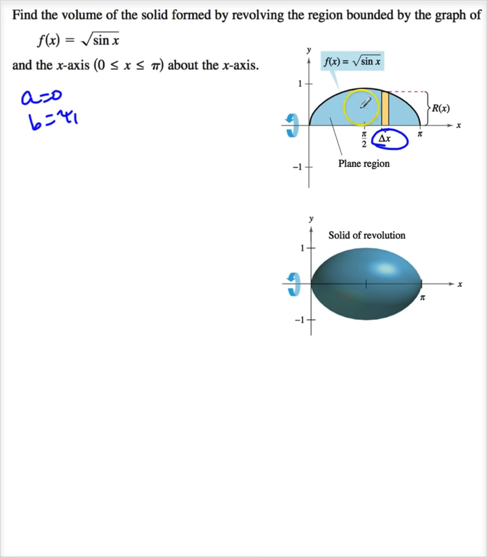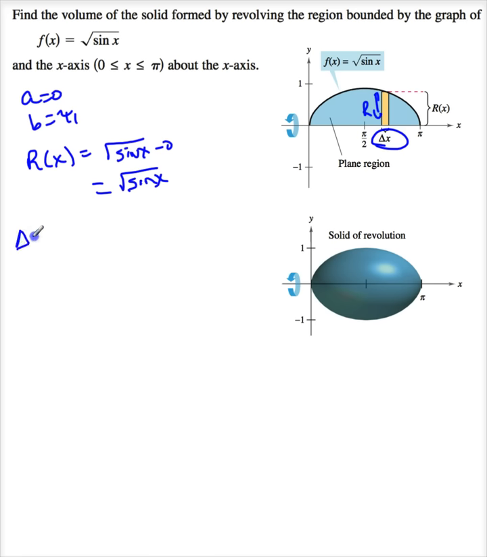Now what is my radius? Here is R, and I'm going to draw R. R is the height of this rectangle, and I'm going to write R of x is equal to, well, it's top minus bottom, so it's going to be the square root of sine x minus 0, so it's just the square root of sine x. Now I know it seems redundant to do it here, but when we do the washer method, you'll see why I am writing it this way.